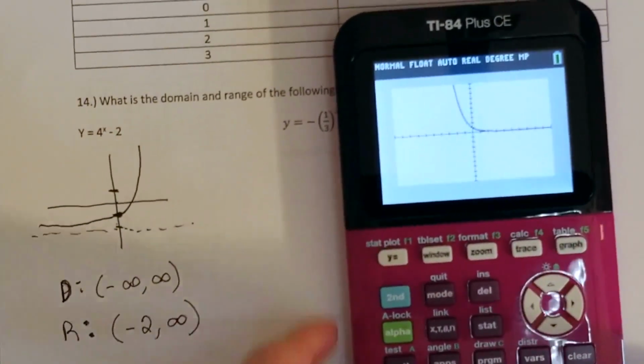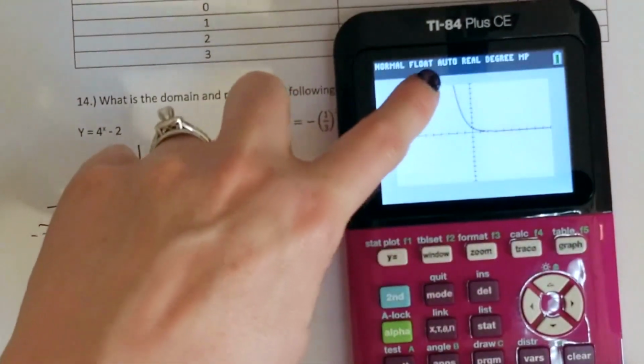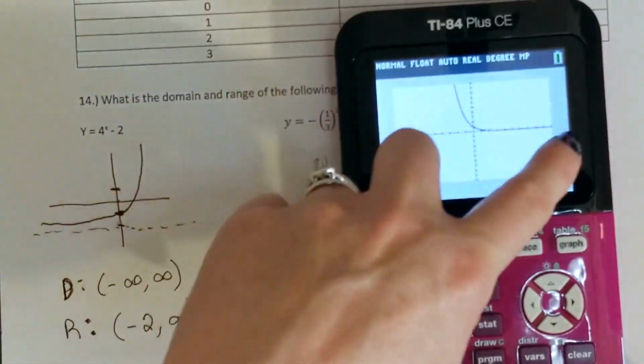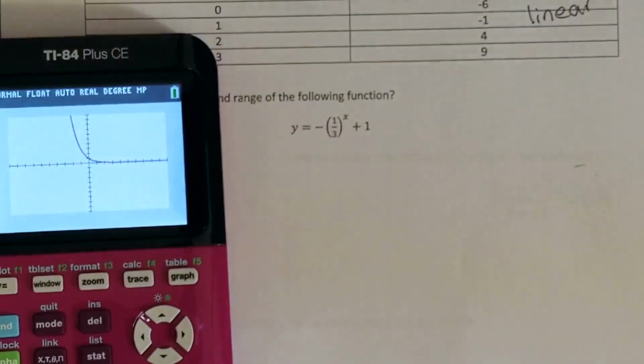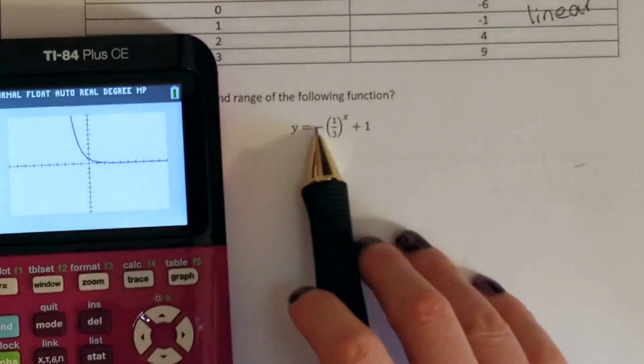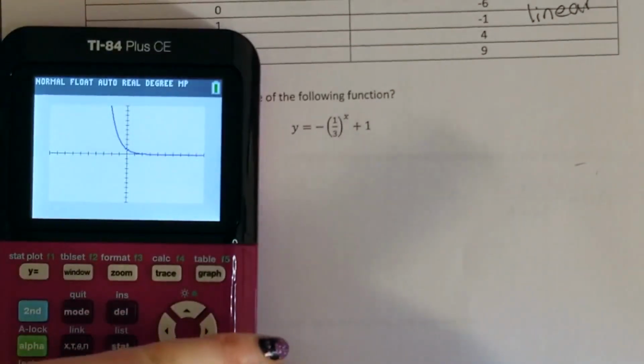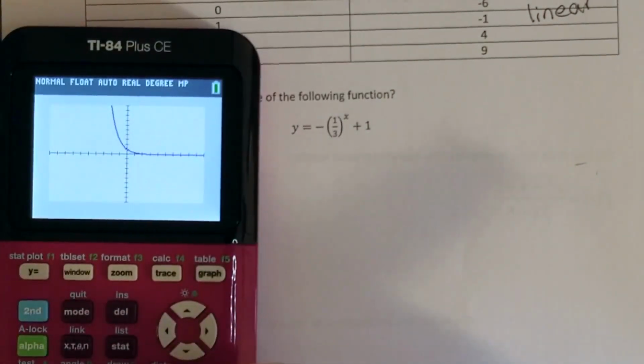The graph looks this way because that's the way the parent graph looks when a is a fraction right here in the front. So the negative is going to flip the graph over down, and then the +1 will shift the graph up 1.